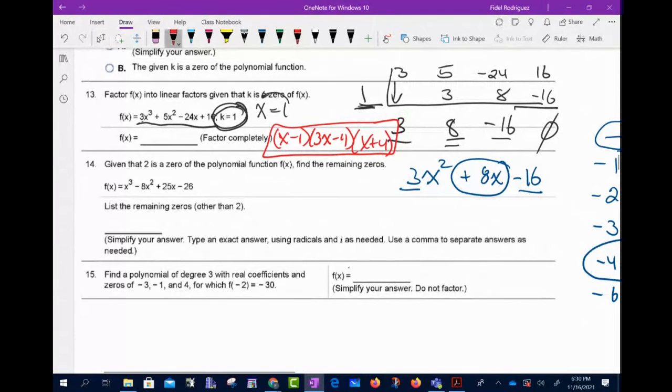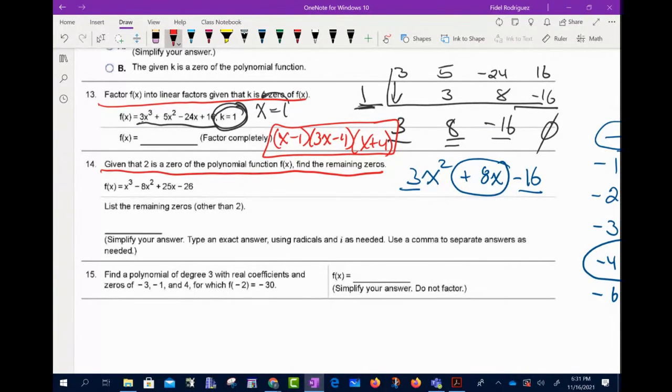So I want to mention something, y'all. If I look at 13 and I look at 14, those two problems are really similar. The main difference between 13 and 14 is that in 13, they just want me to factor it out. In 14, they want me to find all the other zeros, right?